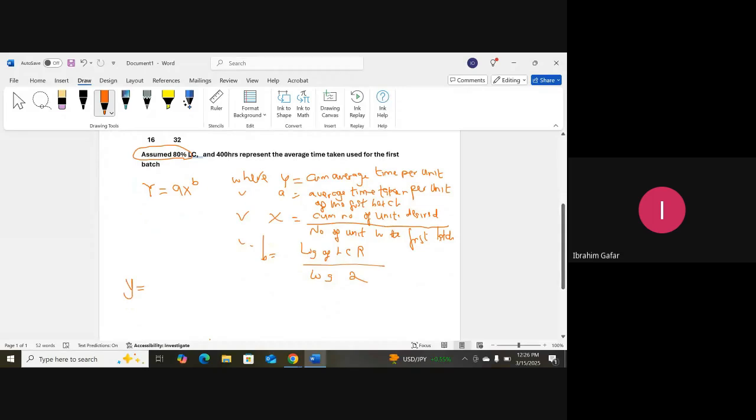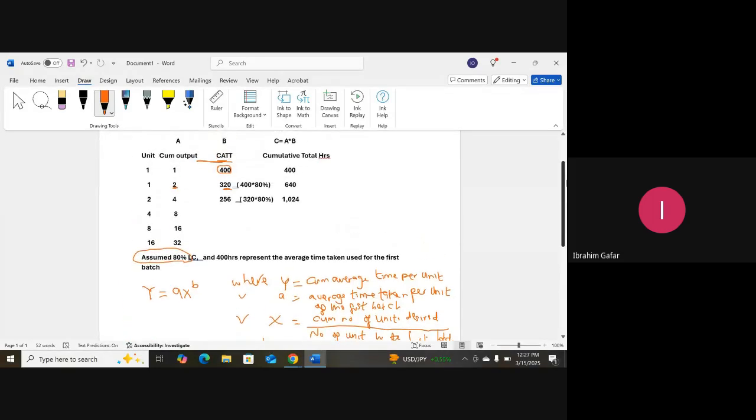Is it clear? 400 multiplied by X. What is my X? Cumulative number of units desired.